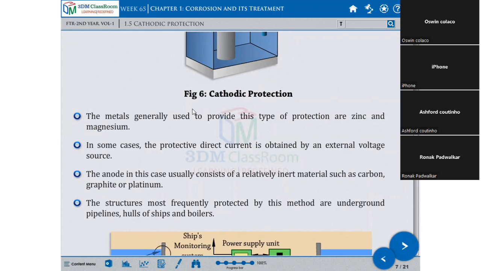In some cases, the current is obtained from an external source. The anode in this case usually consists of relatively inert materials such as carbon, graphite, and platinum. The structures most frequently protected by these methods are underground pipelines, ship hulls and tanks.